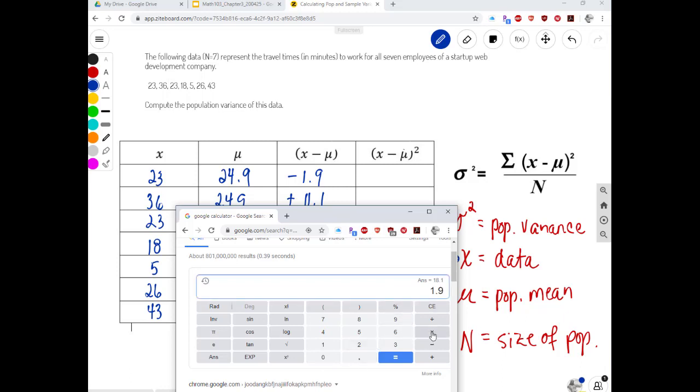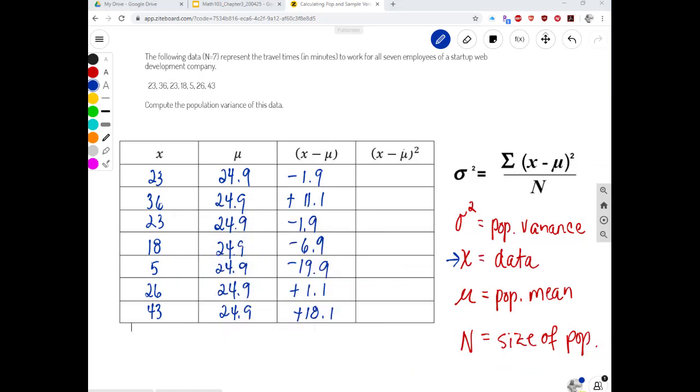1.9 times 1.9, and I get 3.61. So I went from something being negative to something being positive.